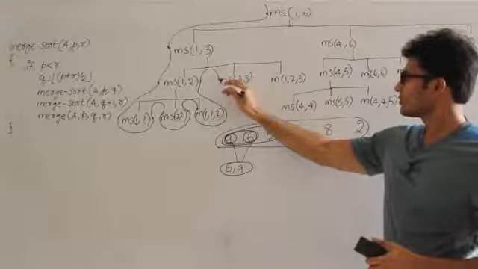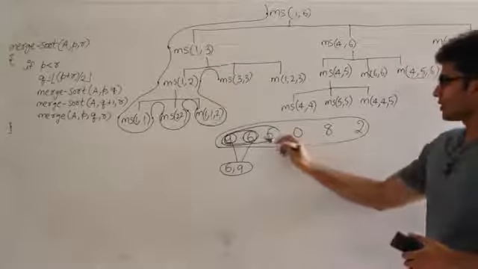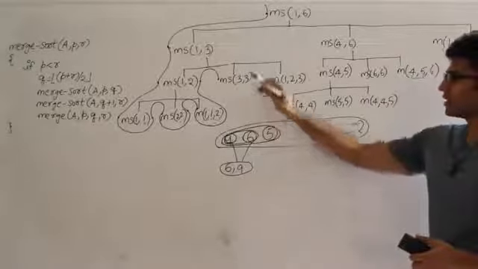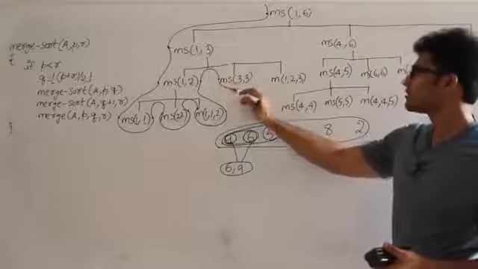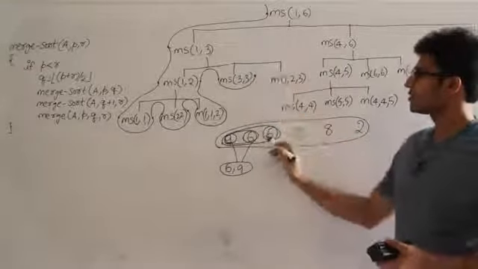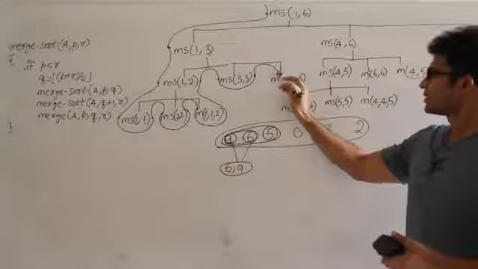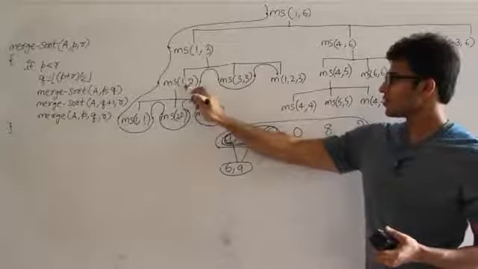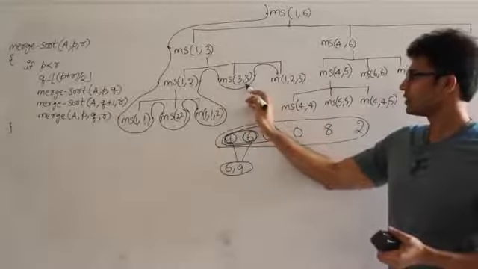And now this one is saying merge sort of 3, 3, which means you apply sorting on 3, 3. Any list containing only one element is already sorted, right? That is why it is not doing any work. By the time I leave it, it is already sorted. Then by the time I reach this, see this, one list from 1 to 2 is already sorted, and the other list from 3 to 3 is already sorted.